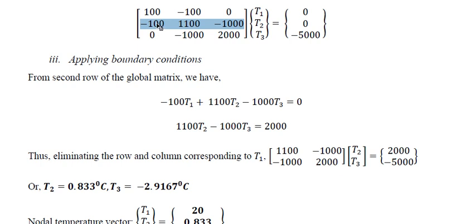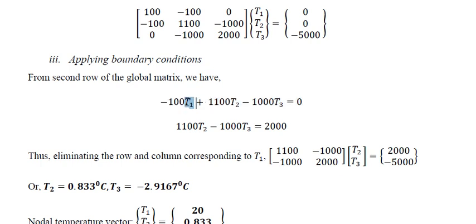How can it be done? Consider that second row. There is no direct elimination here; it is not like a bar, there is no fixed end like that. Consider this second row and write that equation: minus 100 T1 plus 1100 T2 minus 1000 T3 is equal to 0.